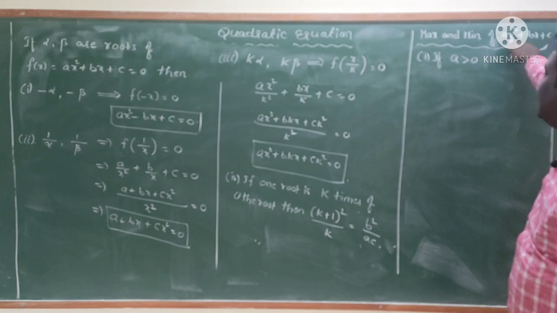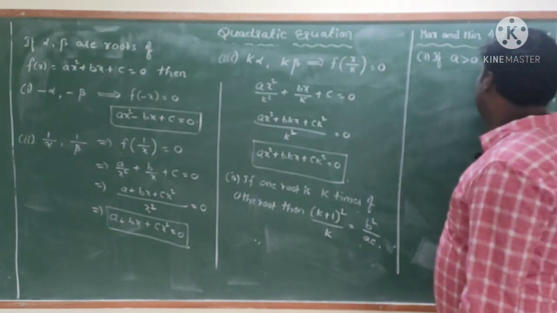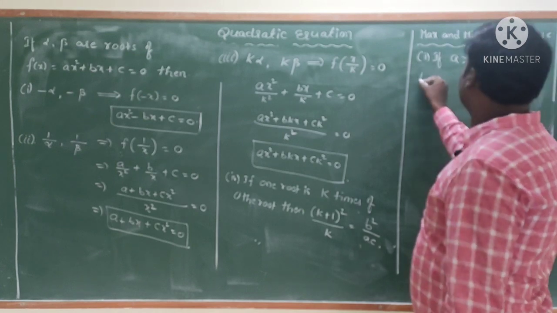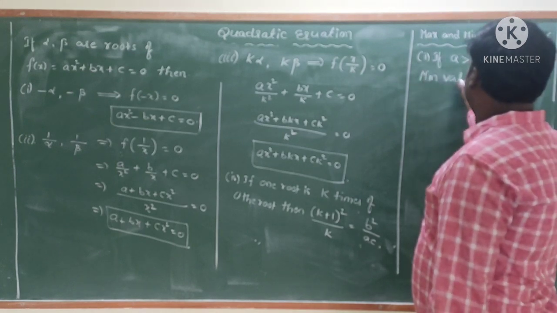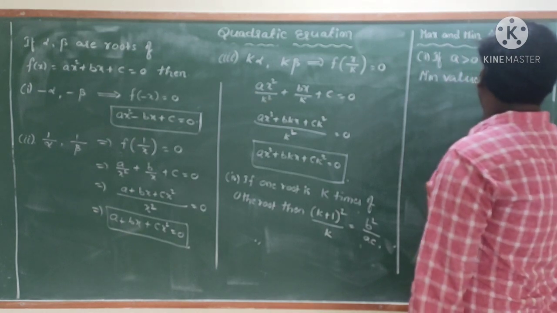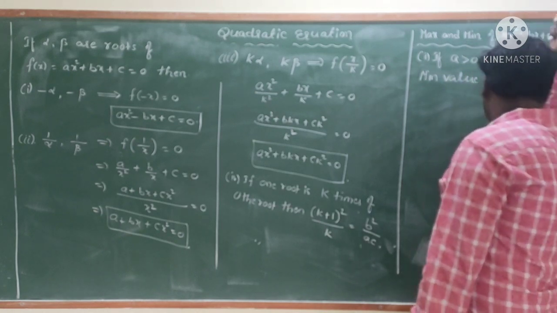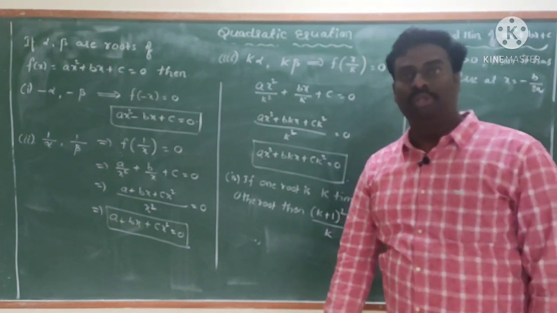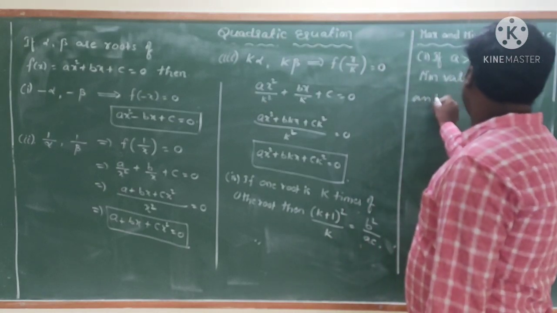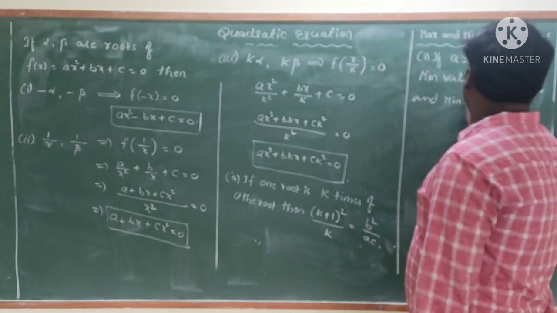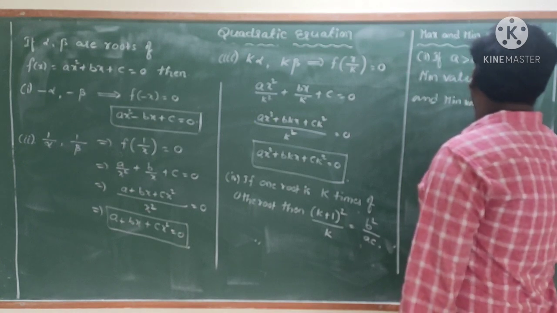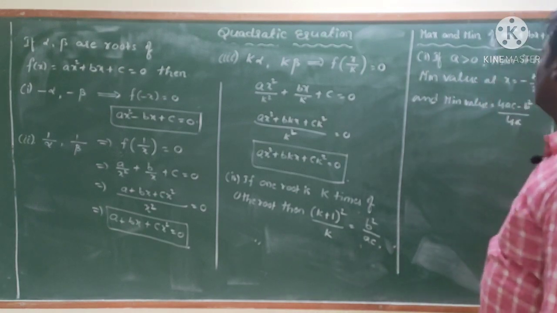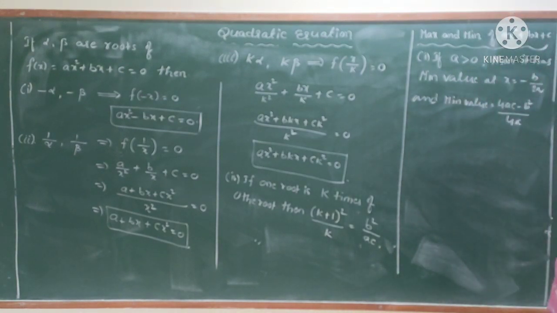If a is greater than 0, then it has a minimum value at x equals minus b by 2a, and the minimum value is 4ac minus b square by 4a.